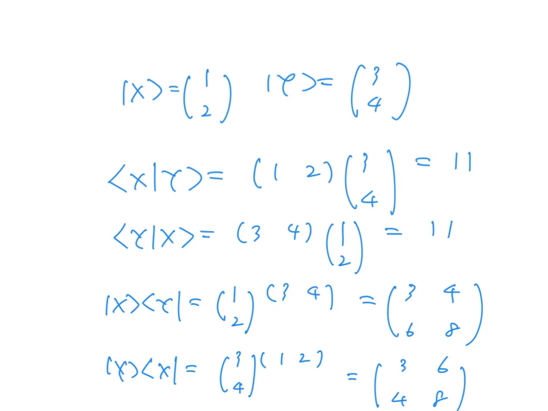So in general, the outer product is not commutative. But there is an interesting property between the inner product and the outer product. If you interchange the order, they are not the same.